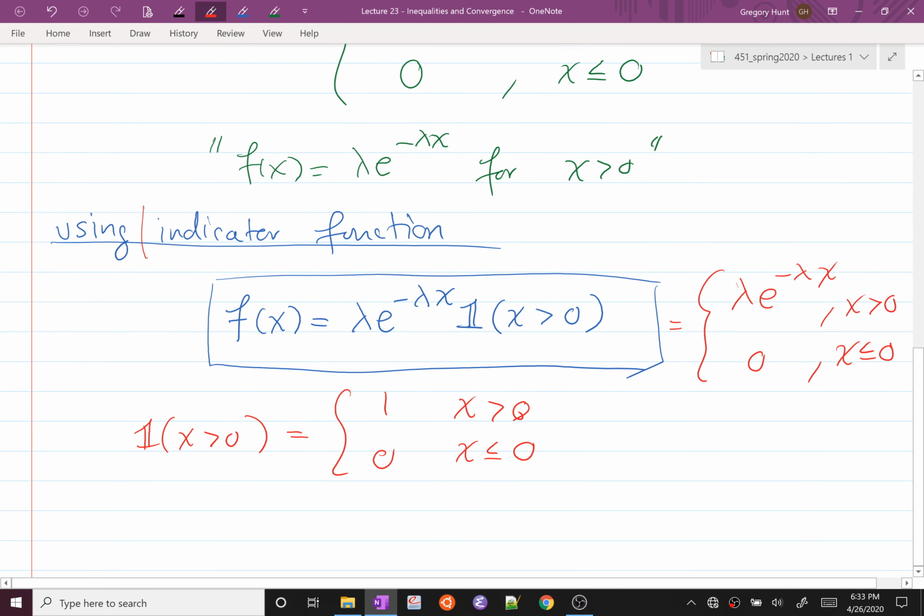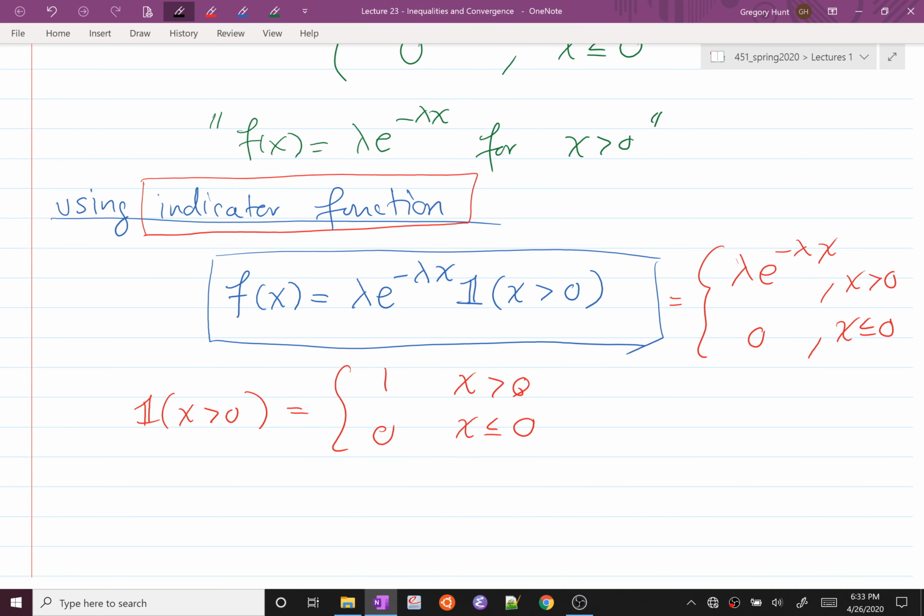So the indicator function here is a really useful piece of notation because it allows us to exactly write our PDF in one line. It gives us a very powerful notation.